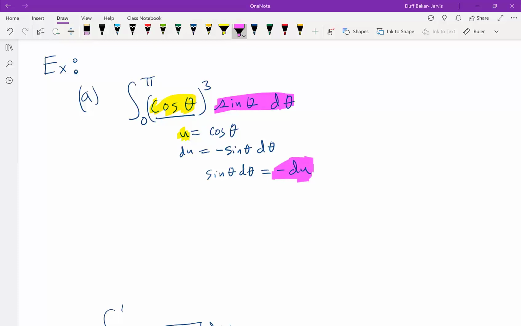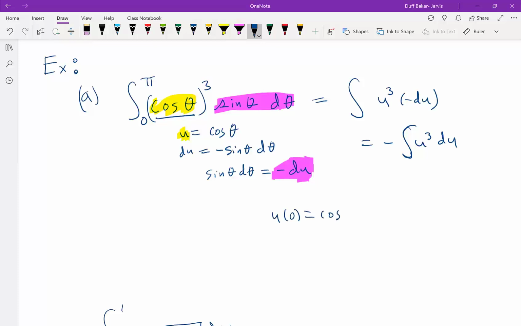Okay, so if we do that, what happens? It'll be the integral of just u cubed now, and then I'll have a minus du. But an easier way of writing that would just be minus the integral of u cubed du. But then we got to make sure we account for the bounds if there are any. So if we look at the bounds here, 0 and pi, to get the new bounds we have to say what's u of 0.